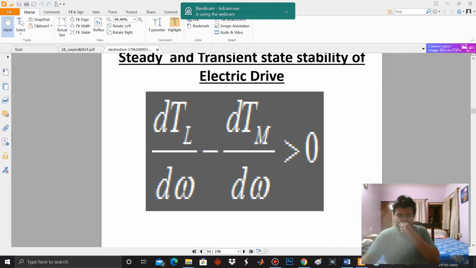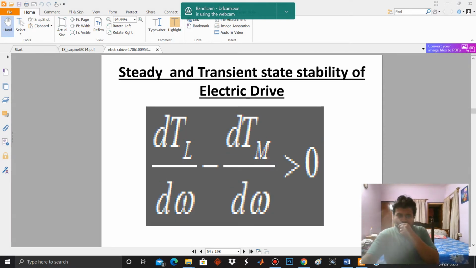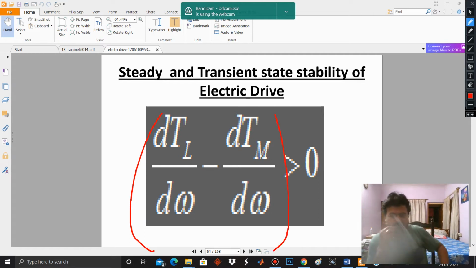The exponent will always be negative if this is greater than 0. That means this thing, d tau L by d omega minus d tau m by d omega, is greater than 0.